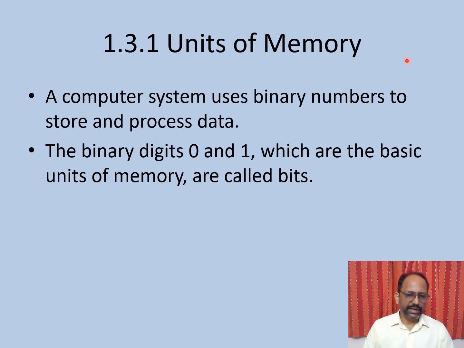Memory stores data. How do we measure the data? We need some unit to measure the data. In computers, whatever data we feed, as I told in my earlier lecture, suppose I type the letter A, or I enter the value 10 or the value 25,000, it will not be stored in that form.